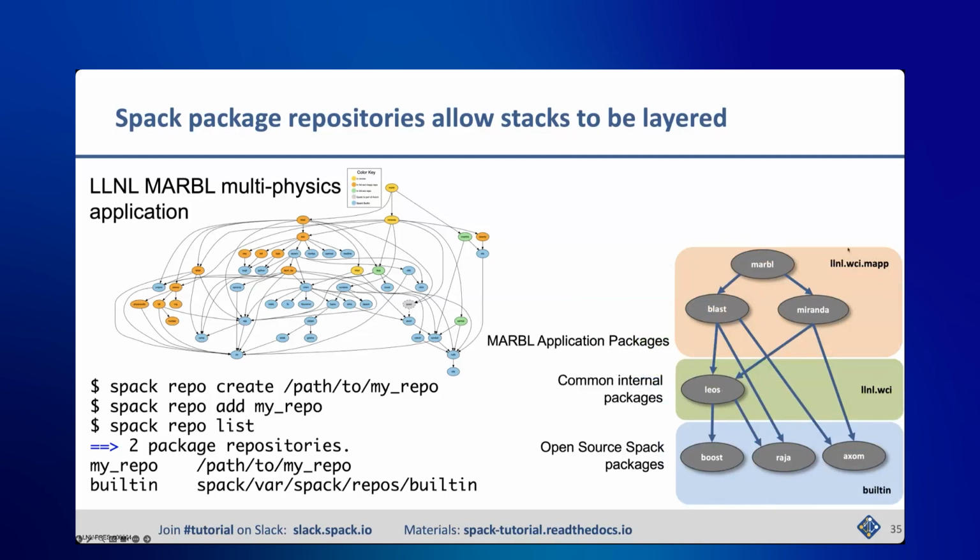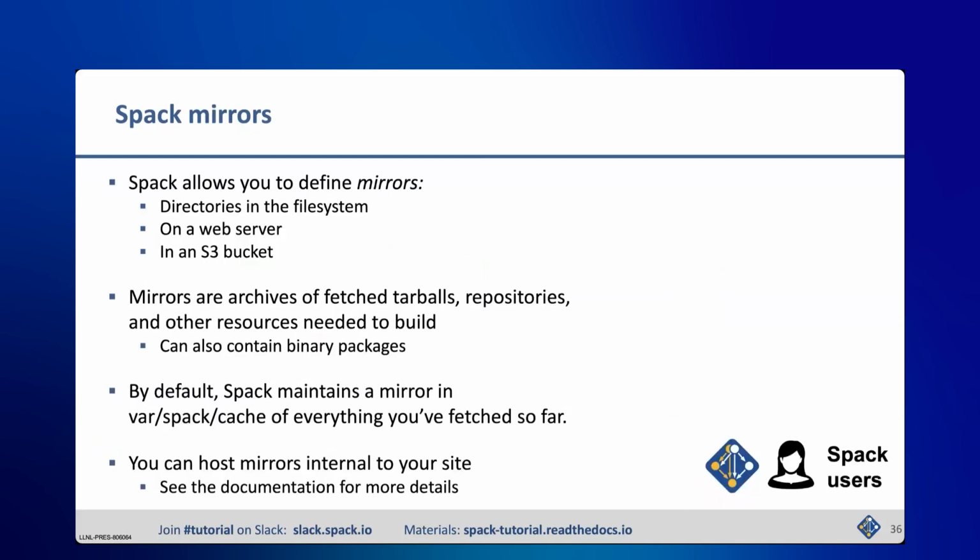And then for your team, you might have your own set of packages on top of that in your own repo. So you can layer these things as much as you want. And that enables you to keep some of these things internal and still leverage all the open source packages that are out in Spack mainline, or maybe some other repositories in a more shared internal repo.